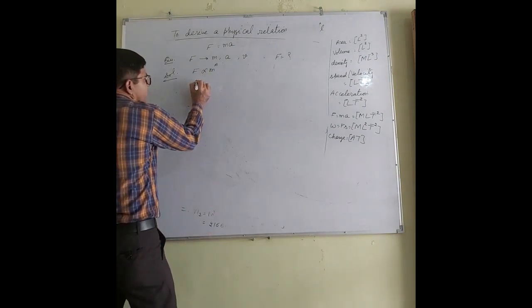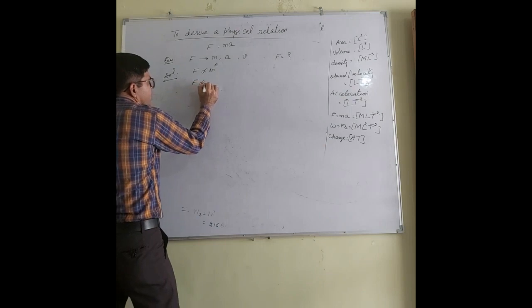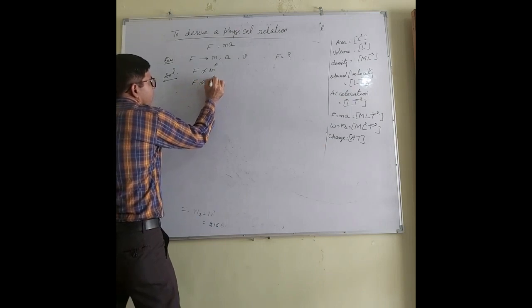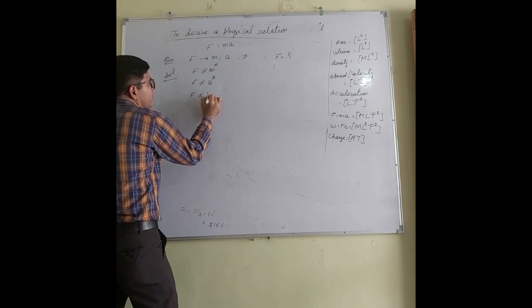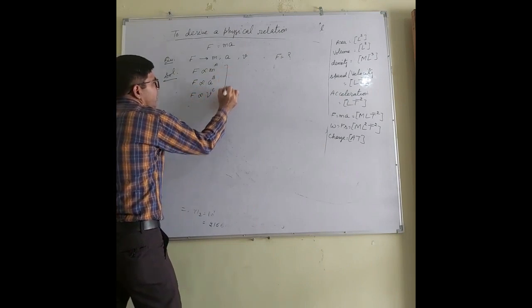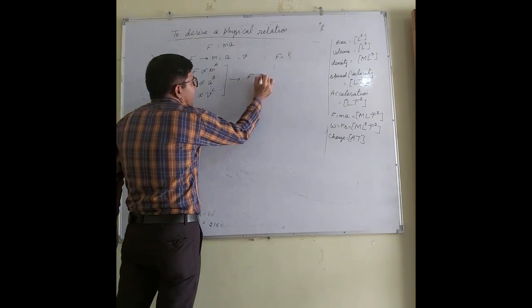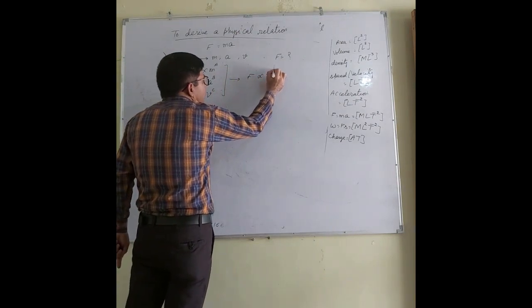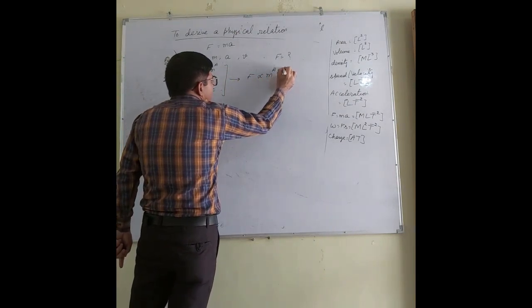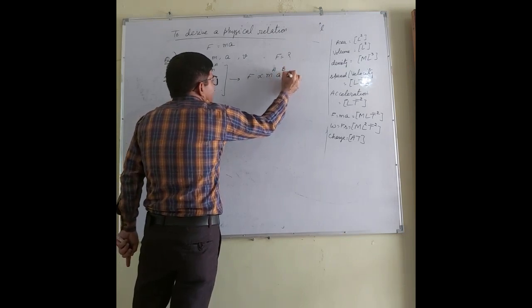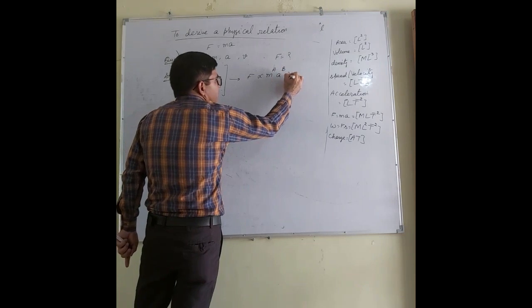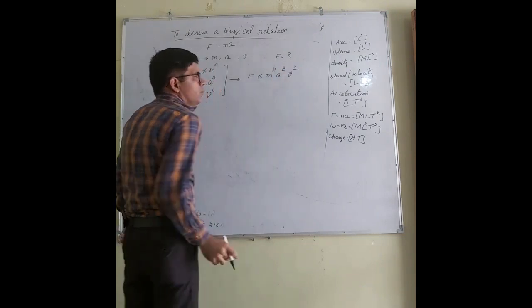Another is, force is directly proportional to acceleration to the power b, and force is directly proportional to velocity to the power c. If I combine them, what do I get? Force is directly proportional to m to the power a, acceleration to the power b, and v to the power c.